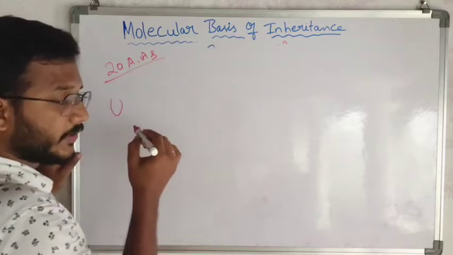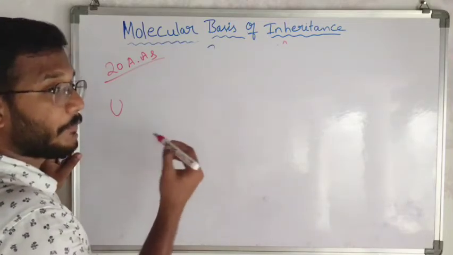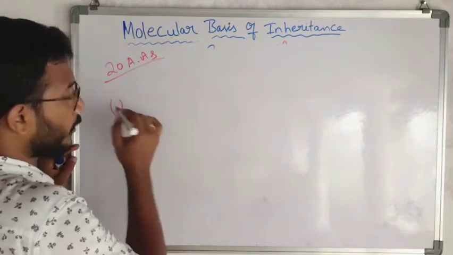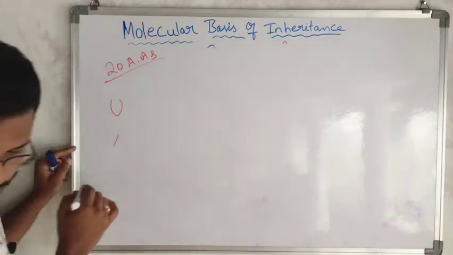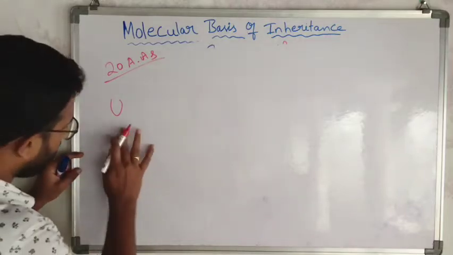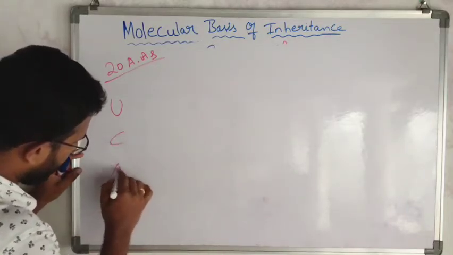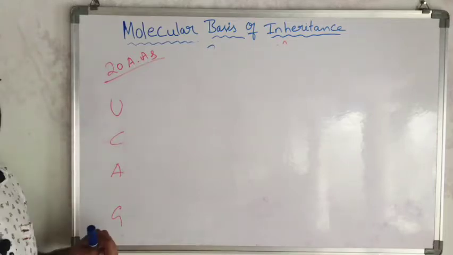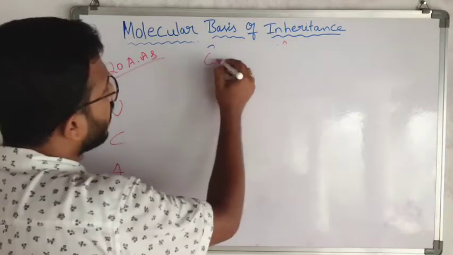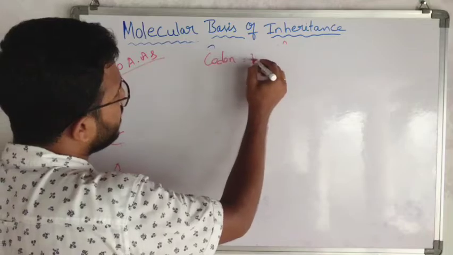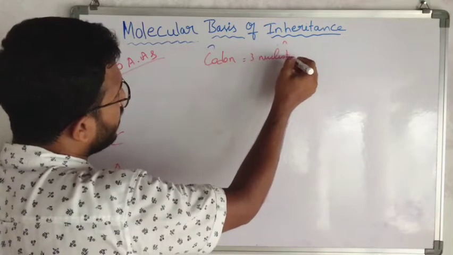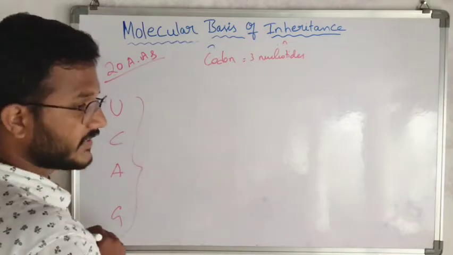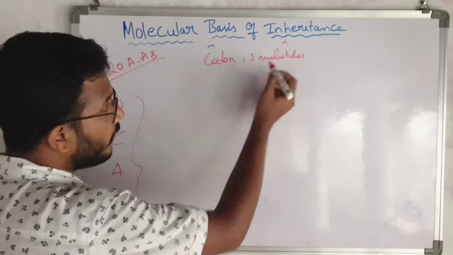As we are discussing the formation of protein from mRNA, not directly from DNA, we have the nucleotides U (uracil), cytosine, adenine, guanine: 4. And I told you that one codon contains 3 nucleotides. Basically we have 4, and in a codon we have 3.